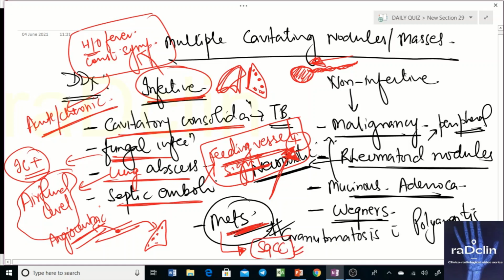Another important point: so these were the infective causes. Now in malignancy, you will definitely have lymphadenopathy and other features that suggest malignancy, with weight loss, a chronic or subacute to chronic history with sudden deterioration, and other signs of malignancy as well. And then rheumatoid nodules: the patient will be a known case of rheumatoid arthritis. Now in Wegener's, we are dealing with Wegener's, so let's discuss Wegener's in detail.